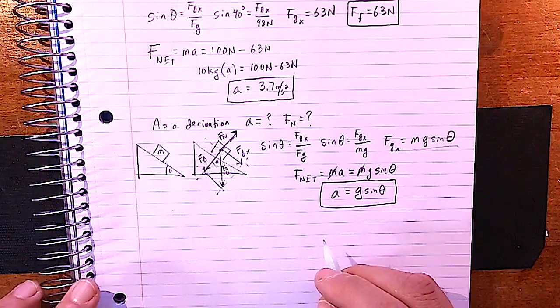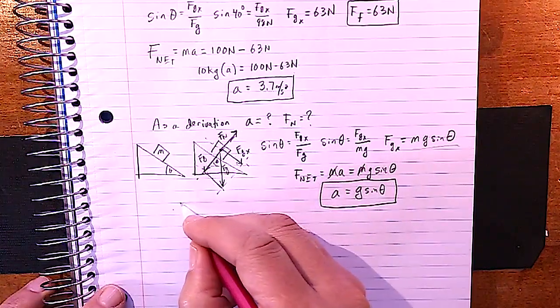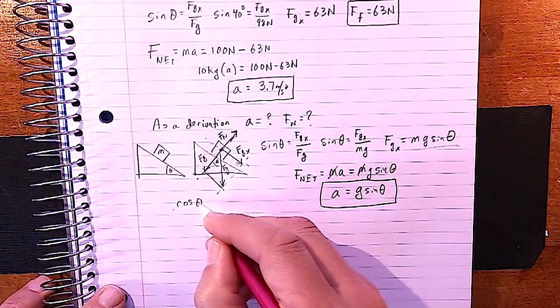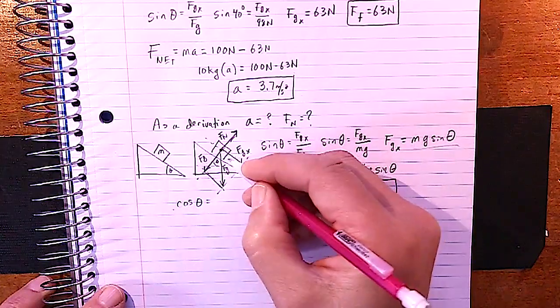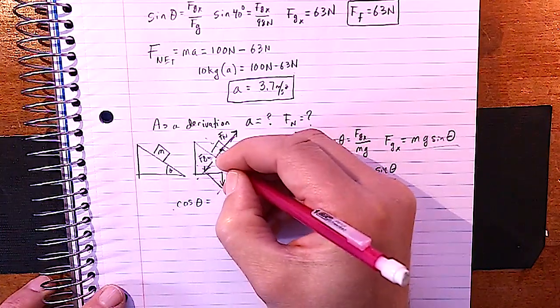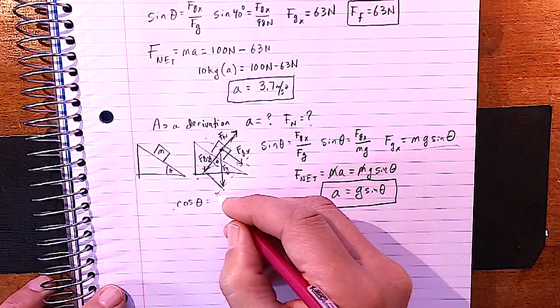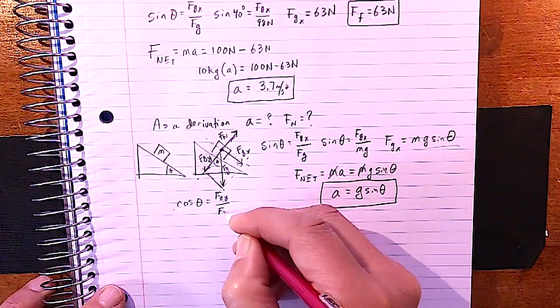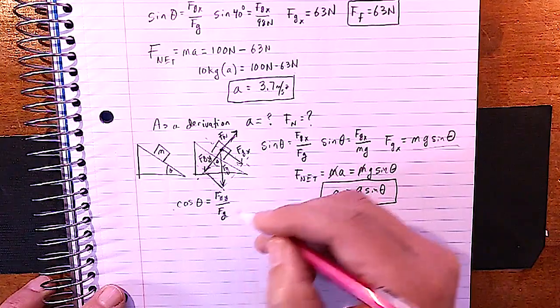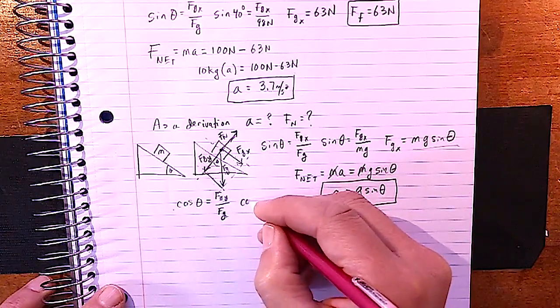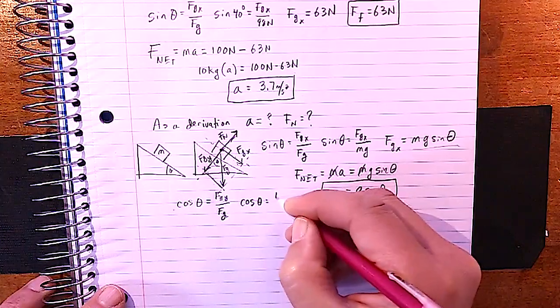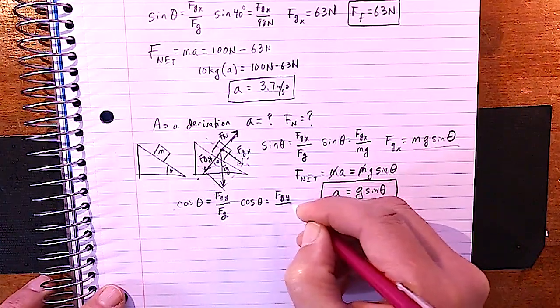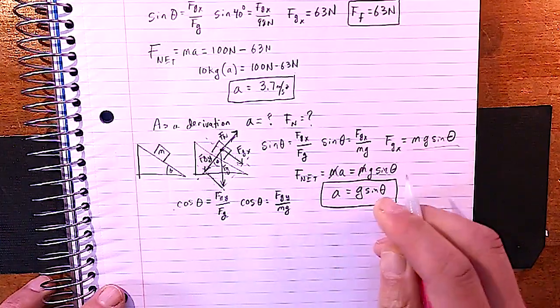Now, how would we find the force normal? Well, the force normal would be doing this for the cosine. So we would have cosine theta is equal to, oops, I missed a y there, FGY, adjacent, over FG. Our FG is equal to mg, so we have cos theta equals FGY over mg.